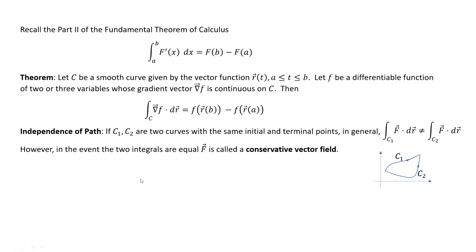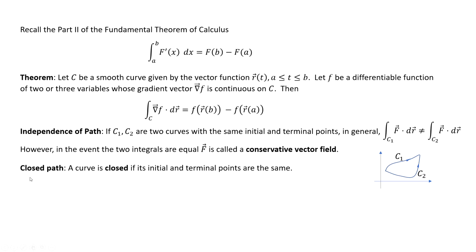I think mgh is the work done, and your mass is the same, the gravity is the same, the height you have achieved, whether it is through a winding path or a vertical path, is going to be the same. So that is a conservative field. Okay, anyway, so in the event the two integrals are equal, we call it a conservative vector field.